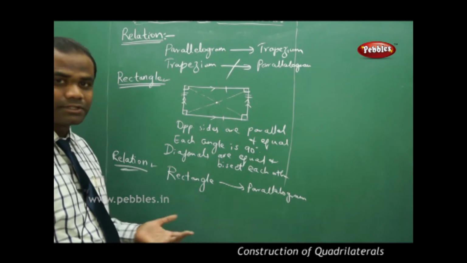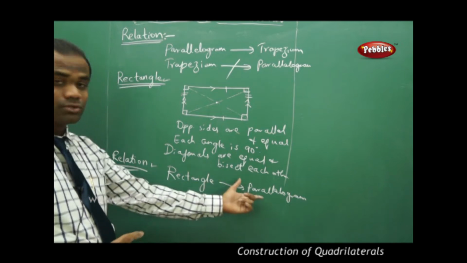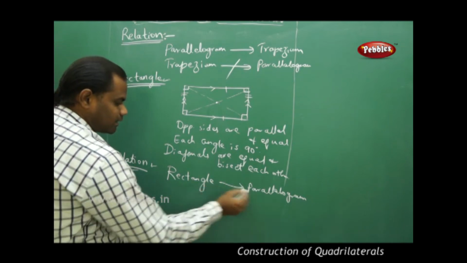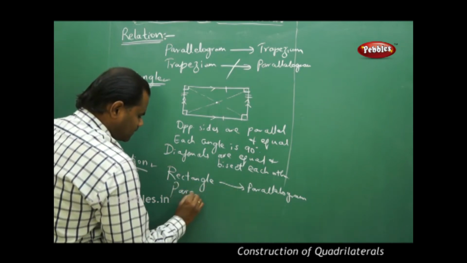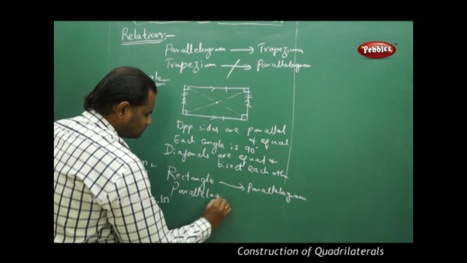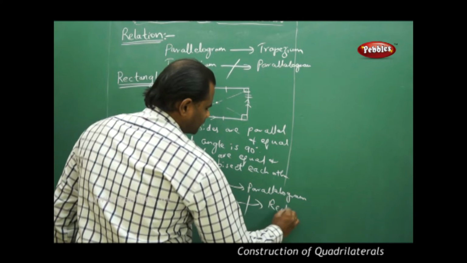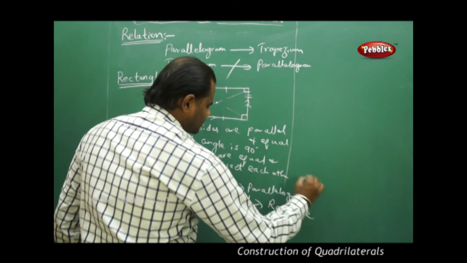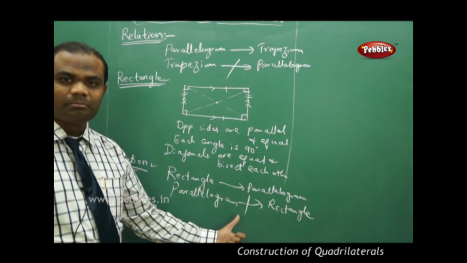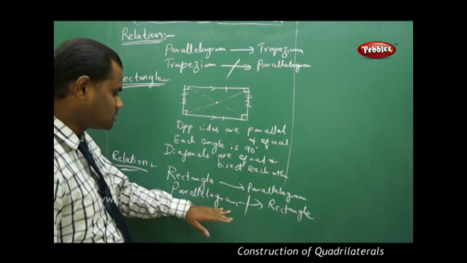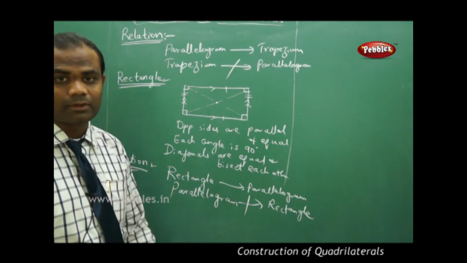Therefore, there is no restriction in calling a rectangle a parallelogram. So every rectangle is a parallelogram, but every parallelogram cannot be called a rectangle until and unless each of its angles becomes 90 degrees. So this is how I relate a rectangle and a parallelogram.